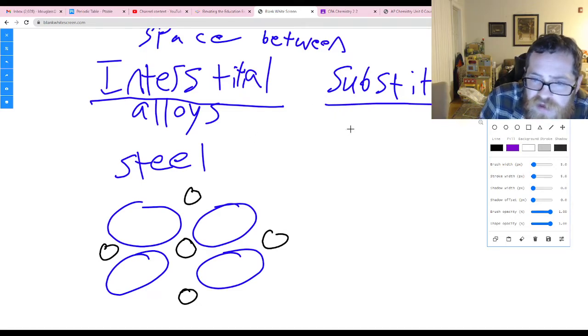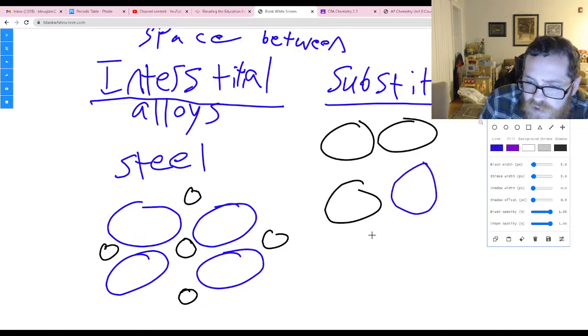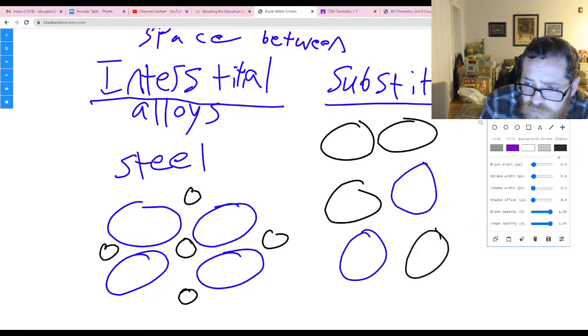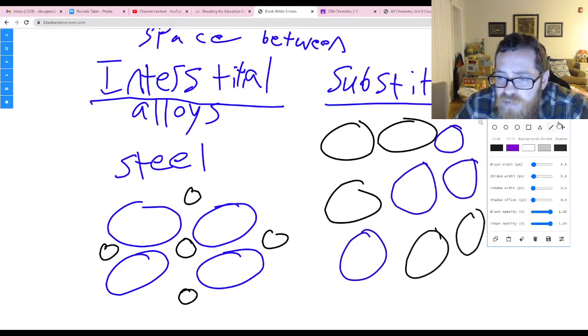Essentially, what you're going to see, and it's not necessarily going to be perfectly ordered, is occasional replacements here and there of atoms that are approximately the same size.